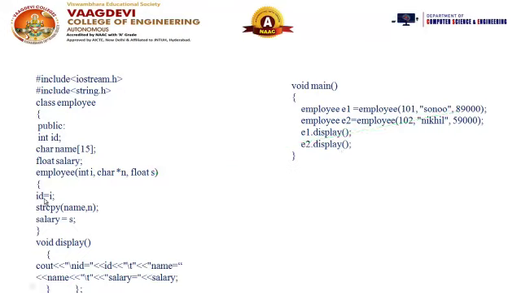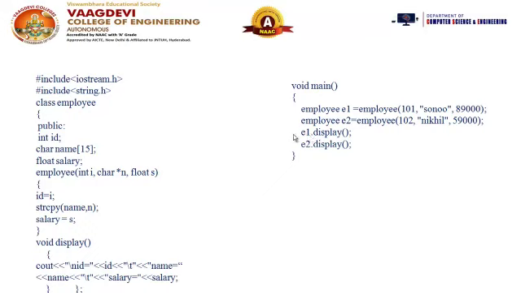Inside the employee constructor, these values are then copied into name, salary and ID of the E1 object as shown in the memory. And this statement calls the constructor with three parameters, and these are the values that are copied into name, ID and salary of the E2 object.